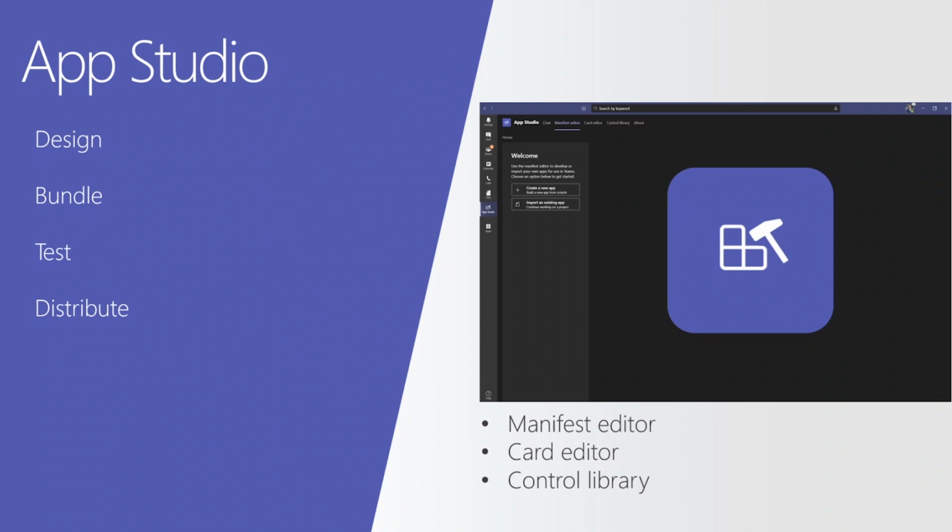Once you are done crafting your manifest, you can install your app to your development tenant directly from App Studio. If you are happy with the results, App Studio also makes it easy to publish your app to the public Teams app catalog without leaving the app. App Studio also includes features to help you design your app to make it look and feel like a native Teams app with the card editor and control library.